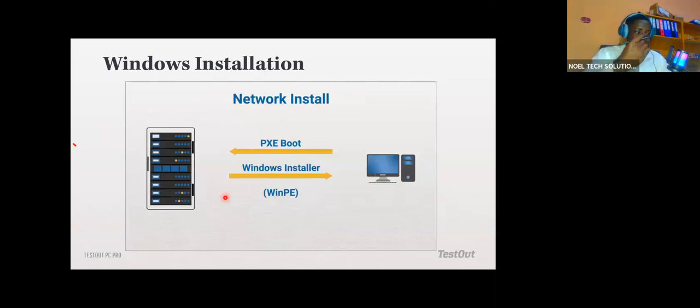The next thing is, irrespective of being able to install your operating system from a CD or a flash drive, it is also possible to install from the network. What do I mean by a network? Within a company setting, there's generally a server.